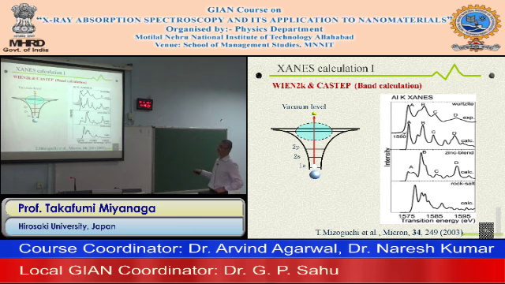The first interpretation of the ZANES region is the excitation to quasi-unoccupied states. We discussed before the tea time, if there is an unoccupied state, the absorption coefficient jumps very sharply.